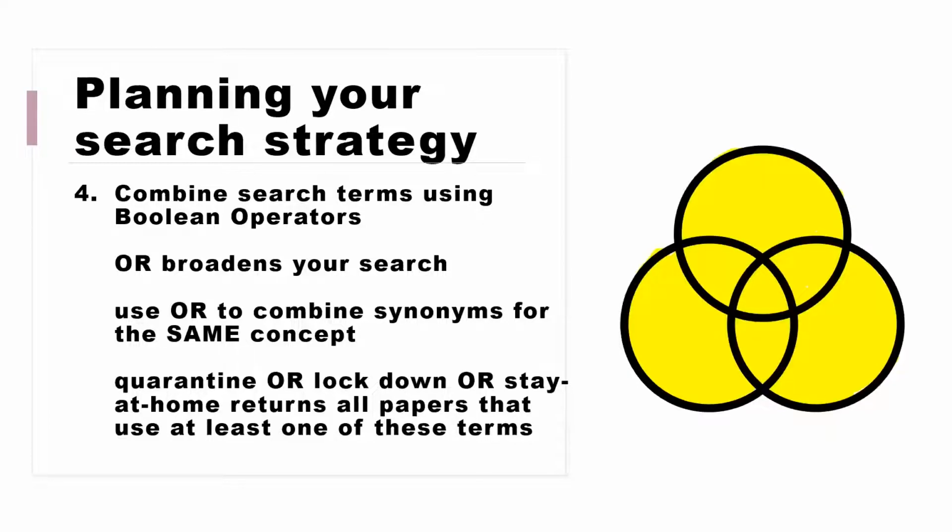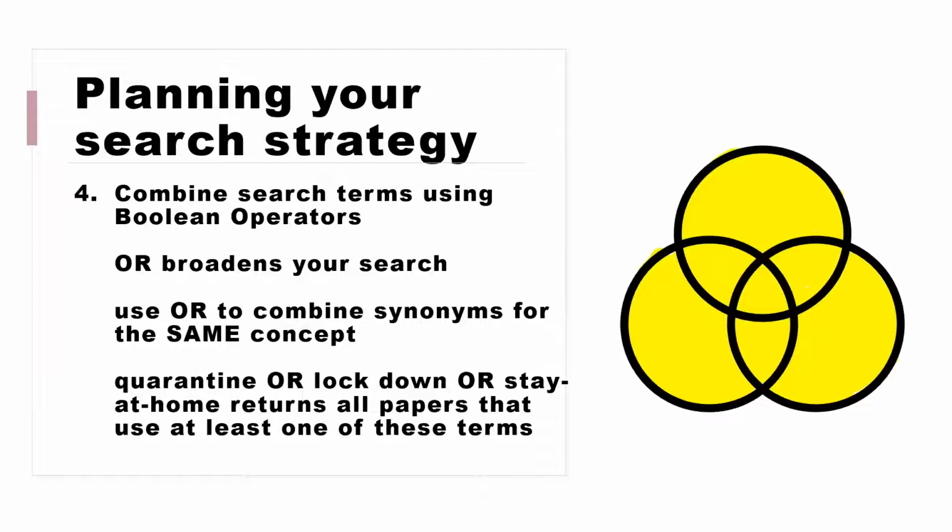The first one is OR. OR broadens your search. You use OR when you're combining synonyms or different terms or different ways of describing the same concept.